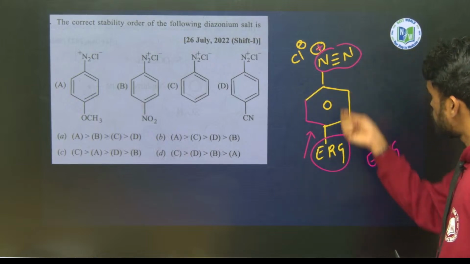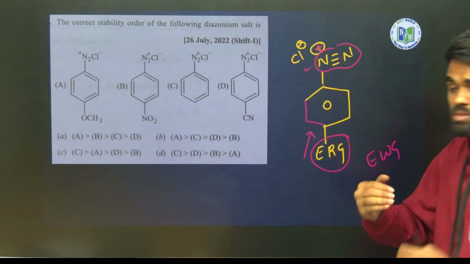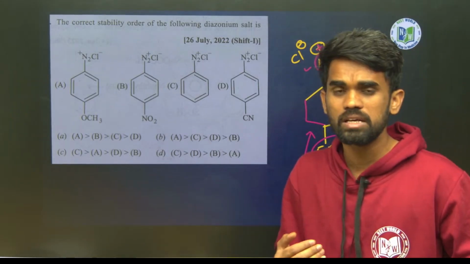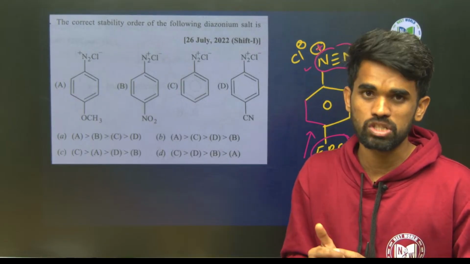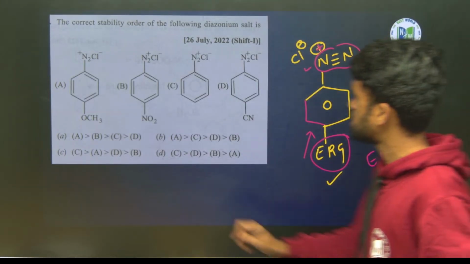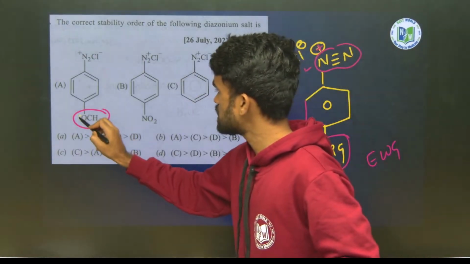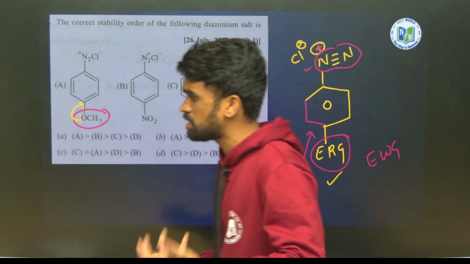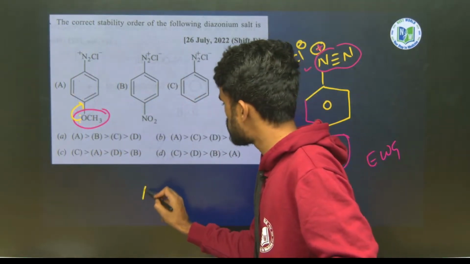Now the electron withdrawing group drags the electrons towards itself and makes the nitrogen more positive or more electron deficient, which results in instability or destabilizes the system. Therefore the one which has an electron releasing group is more stable. Here we have an electron releasing group, so it can release electrons like this, which makes it more stable, right? Yeah, so A is more stable.